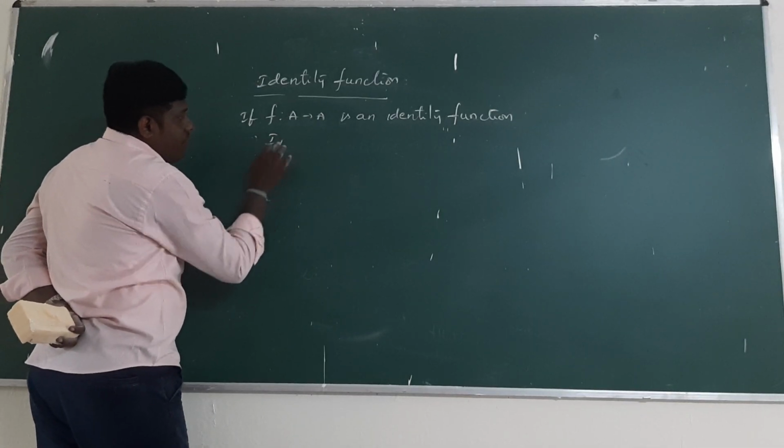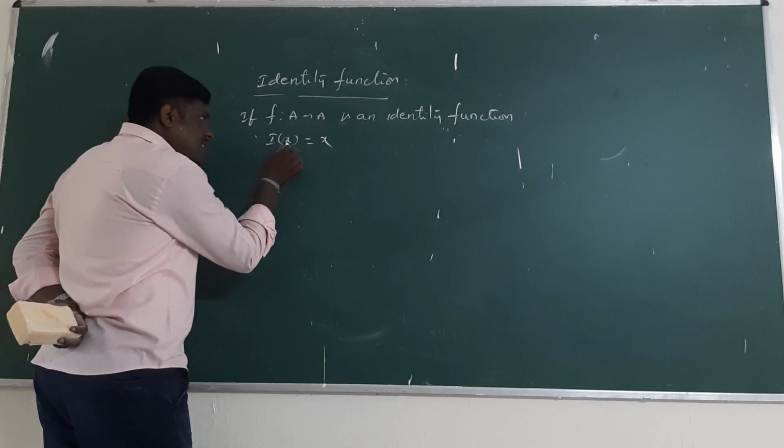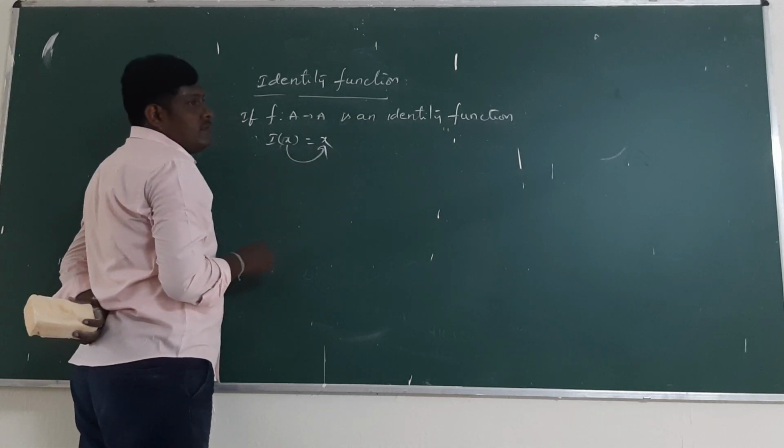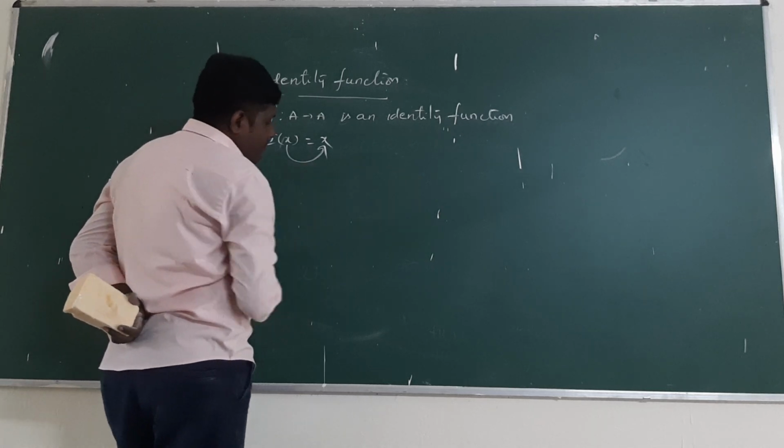That means I of x is equal to x. The image of x is equal to x. It is called an identity function.